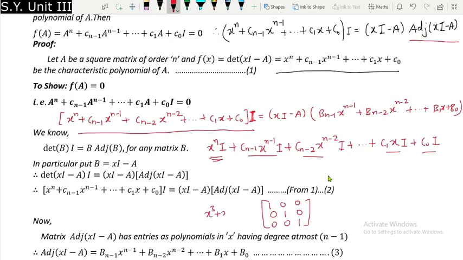So x cube plus x square plus x plus 1. I'll take it somewhat like this. And what we have done now, we have represented this matrix as x cube I plus x square I plus xI and plus I. That is what I have done here. Okay, fine.